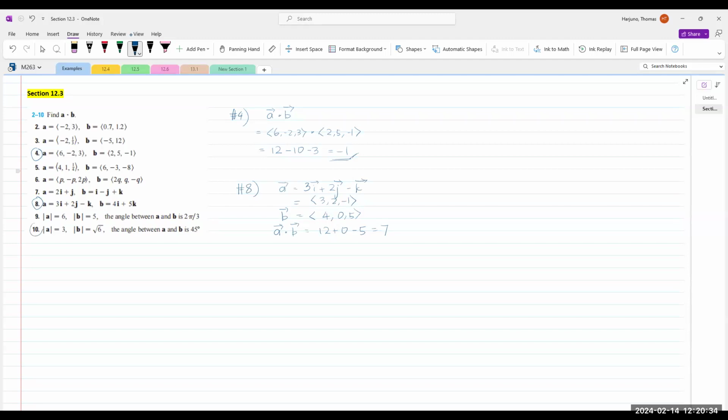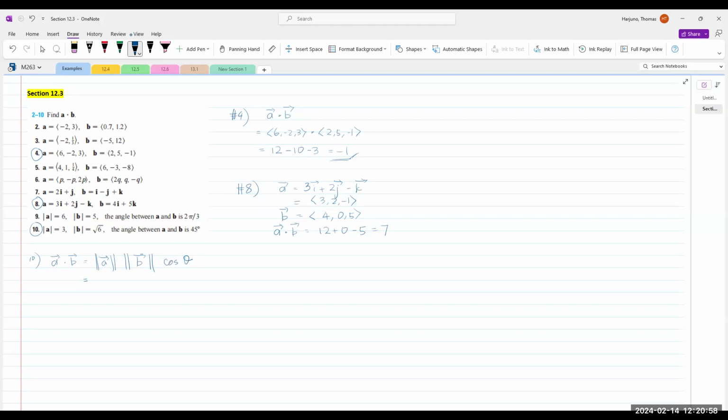Number 10, find A dot B if we know the magnitude of each and the angle between them. Well, then we use the quote-unquote physicist formula. Remember this formula? Okay, and then I will plug in numbers.